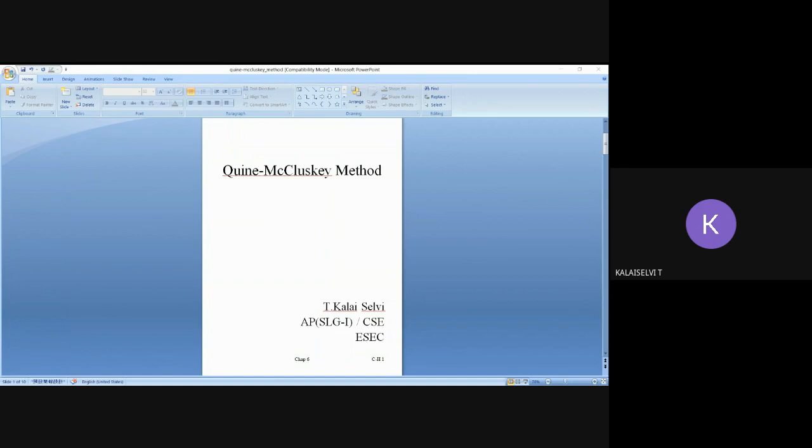Here we can consider these two terms, a dash b c dash d plus a dash b c d dash. This cannot be combined, because when written with zeros and ones, it is 0101 and 0110. Here the first two literals are the same, 01. For the third one, for the variable c, here it is 0 and in the second term it is 1. And for d also, the first term has 1 and the second term has 0.